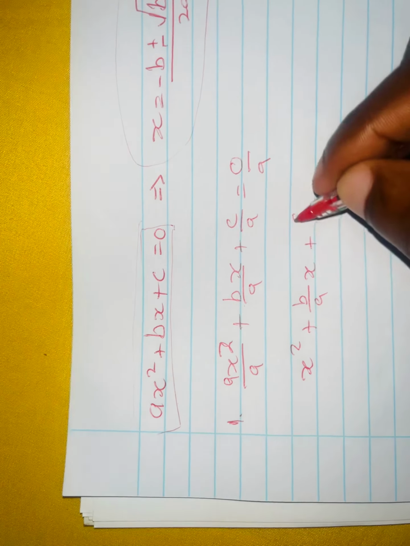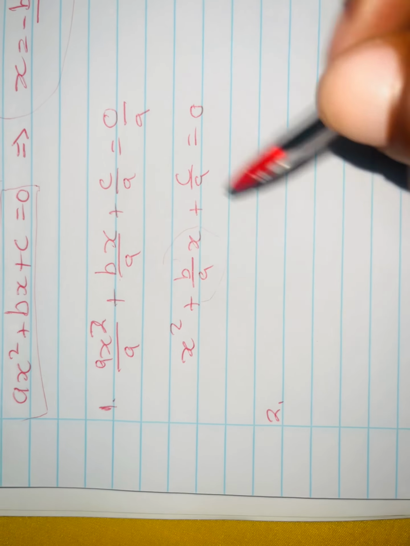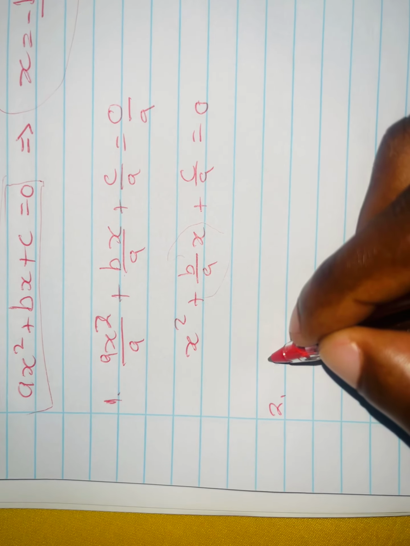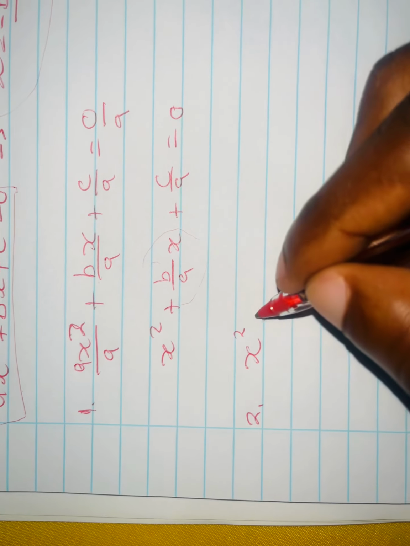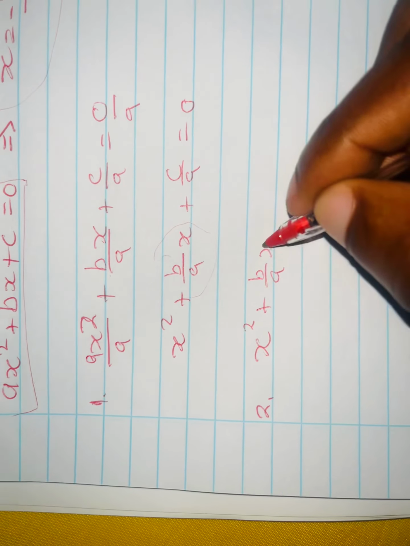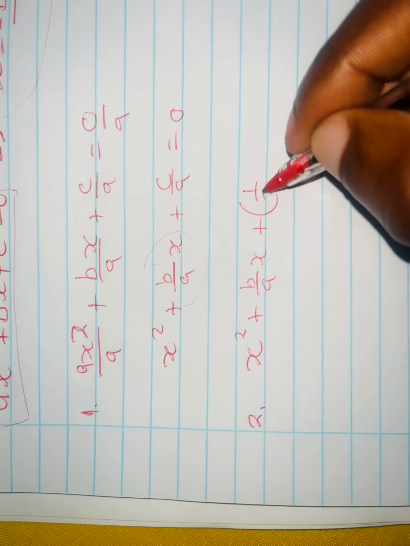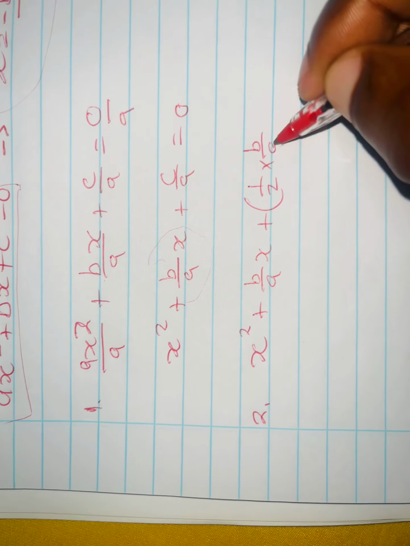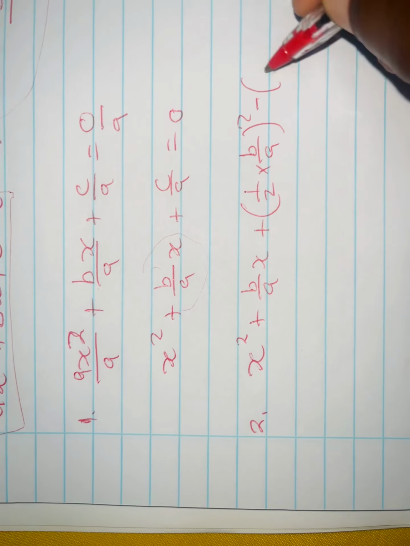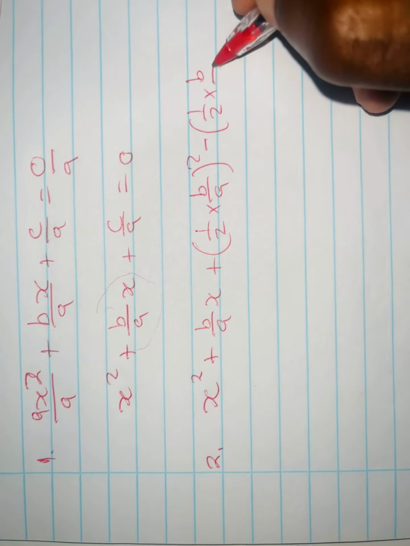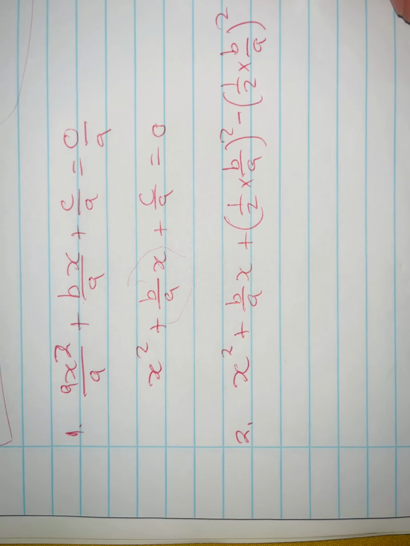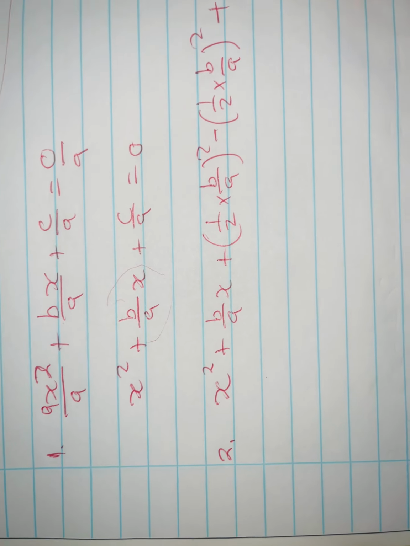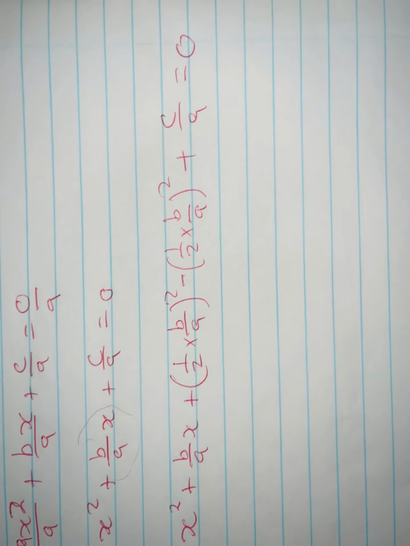Now our second step, we're going to be adding 0 to our equation using the coefficient of x. So how do we do that? We're going to say x squared plus b over a x plus half of b over a all squared minus half of b over a all squared plus c over a equating to 0.